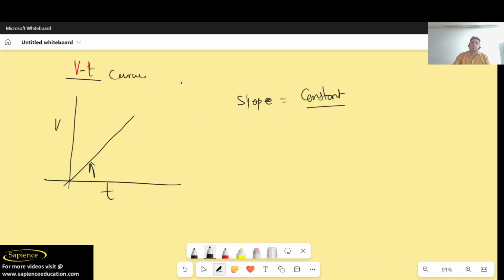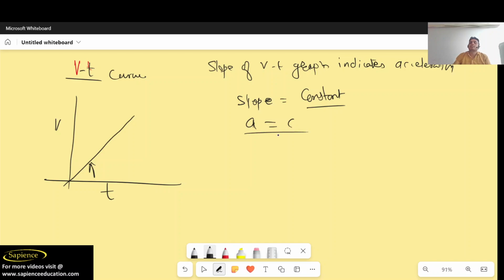Slope of velocity time graph indicates, just now I proved, indicates acceleration. So if slope is constant means what? Acceleration is constant.